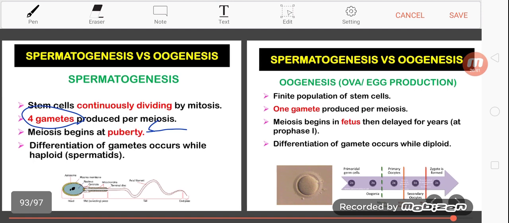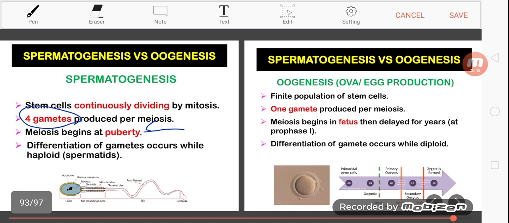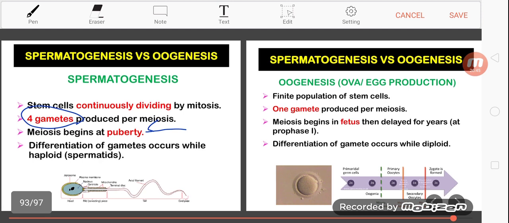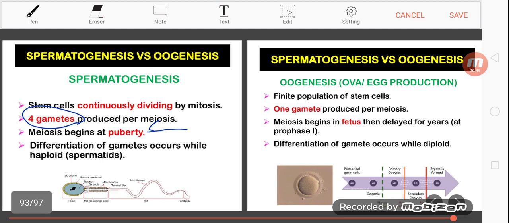And then in oogenesis, only one gamete is produced per meiosis. Meiosis begins in the fetus, remember. Oogonia undergo mitotic division, and then we call it primary oocyte. The primary oocyte starts the meiotic division, arrested at prophase 1, and then the delay is for years.